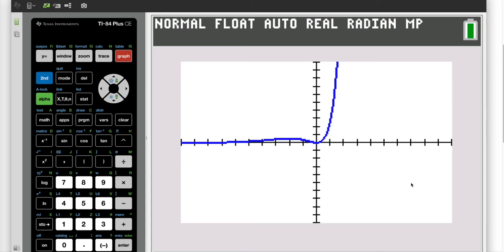Any thoughts on how many flex points this has to start with? Or should we zoom in? One is obvious. This spot right here should be kind of obvious-ish, because the right-hand side is clearly curving upwards, so that's the only really easy part to identify.